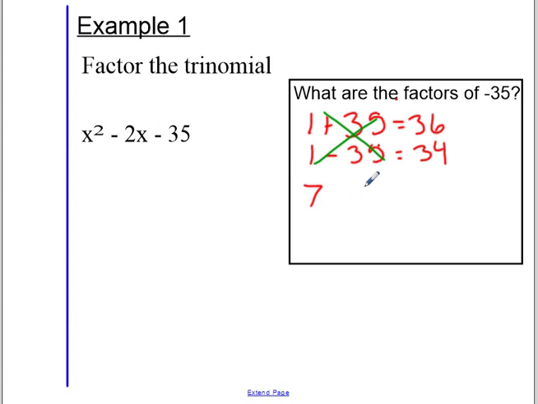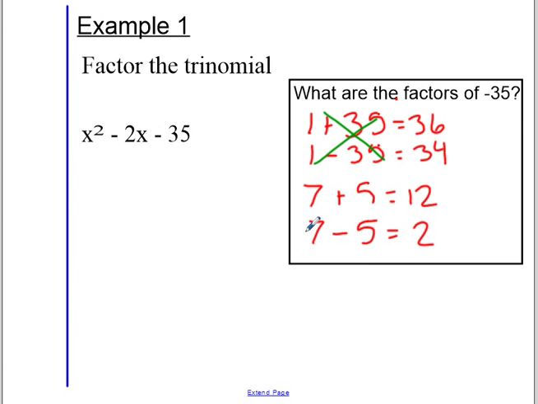How about 7 times 5 is 35? If I add these two, I get 12. If I subtract 7 and 5, I get the 2. Now, we need to consider the fact that it has to make negative 2. So the signs on this are not working for us.